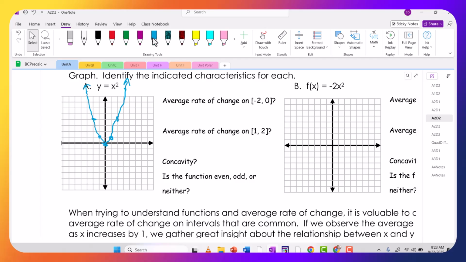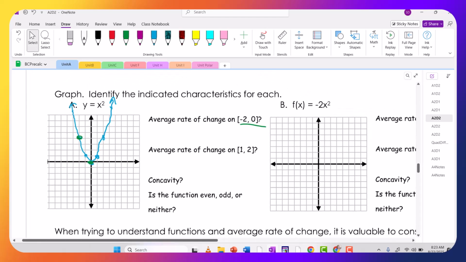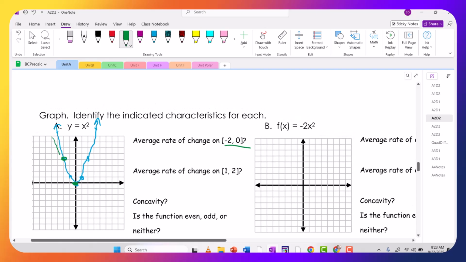But actually, let's do average rate of change now. From -2 to 0, (-2, 4) and (0, 0). What you have to imagine is drawing a line through these two points that they are asking about for the average rate of change.